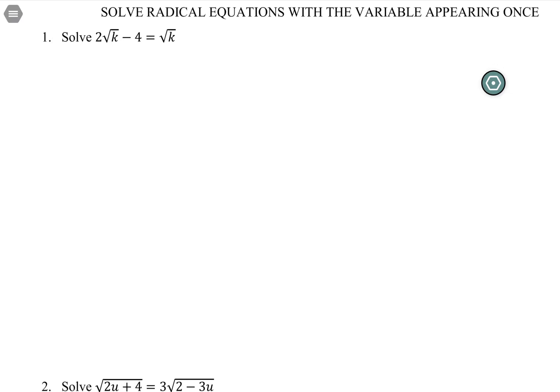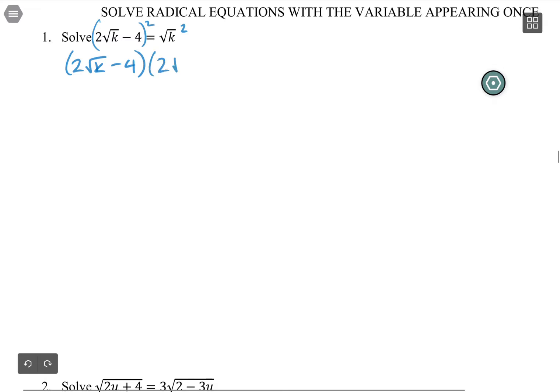Okay, so this first one, what I'm seeing is you could square to get rid of the square root right now, but you would have to do some foiling. I think if this is a thought you're having, it's not a bad one. Remember, we're supposed to free our variable first. But here, if you do that, you'll have to FOIL out 2 root k minus 4 times 2 root k minus 4.